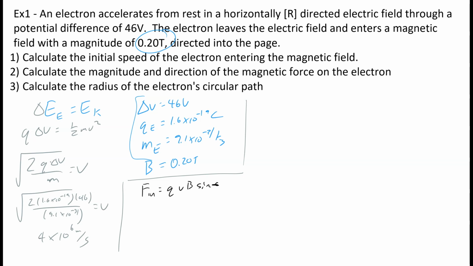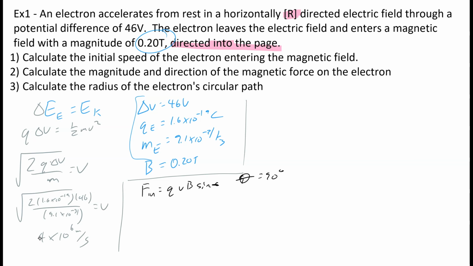The movement of the particle is to the right, and we know the magnetic field is directed into the page. So when we work that out, that's really going to be a 90-degree angle. That'll be important in just a moment when we're trying to figure out the direction of our force.